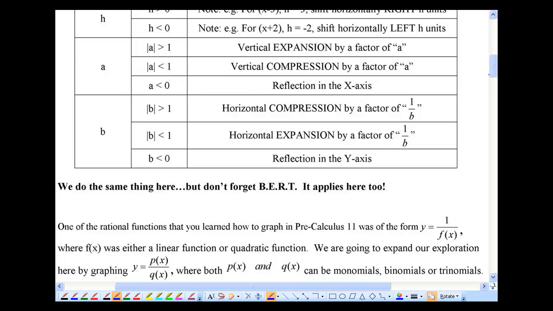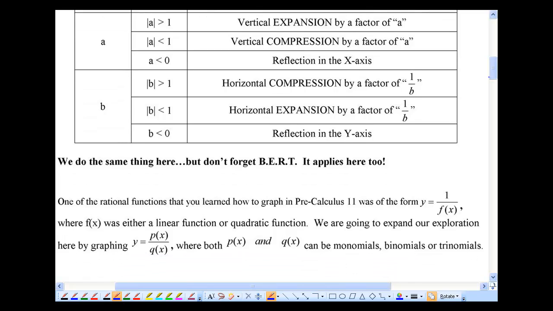Once again, that idea of BERT, where we do the basic function first, then the expansion compressions, then the reflections and translations, applies here too. Now, one of the rational functions you learned how to graph in pre-calculus 11 was of this form, y equals 1 over f of x.